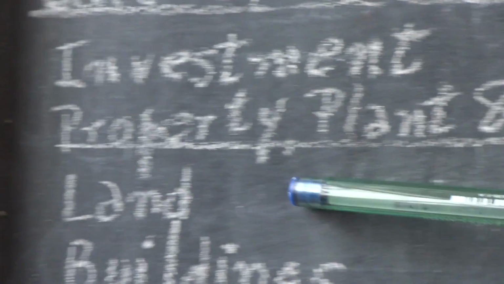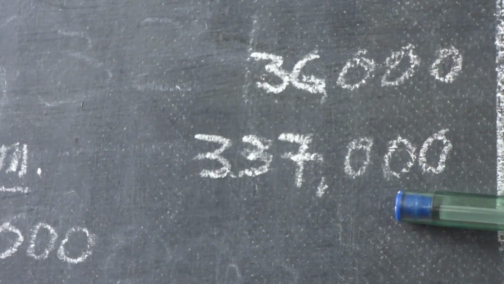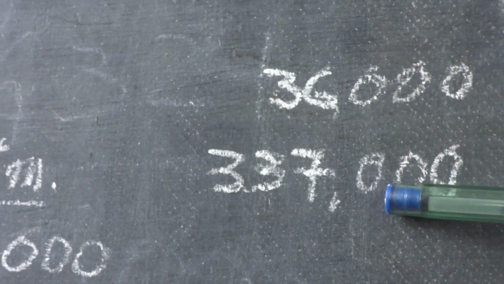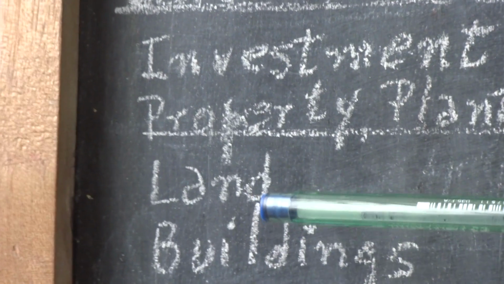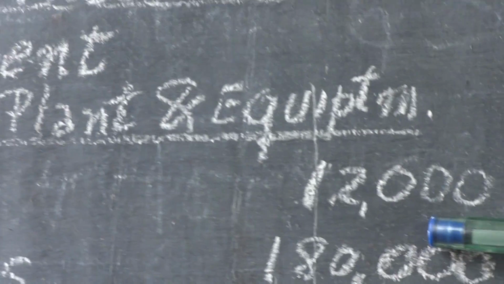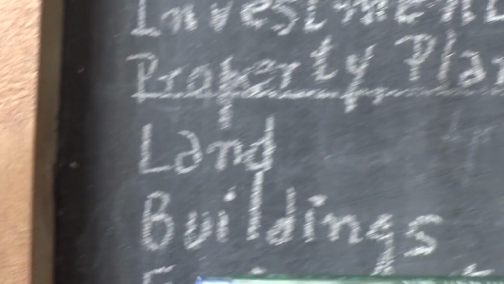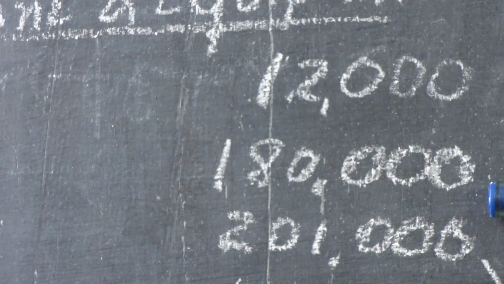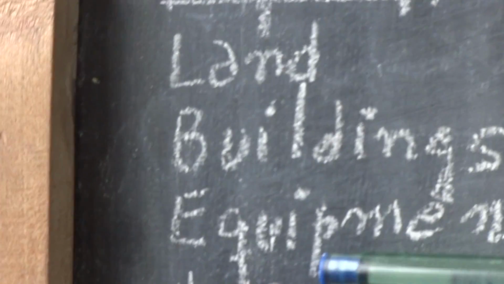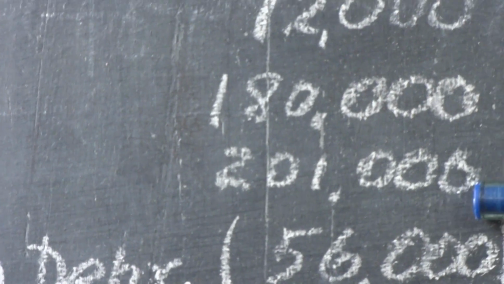Then we have the property, plants, and equipment by $337,000, which is composed of the land by $12,000, buildings by $180,000, and equipment by $201,000.